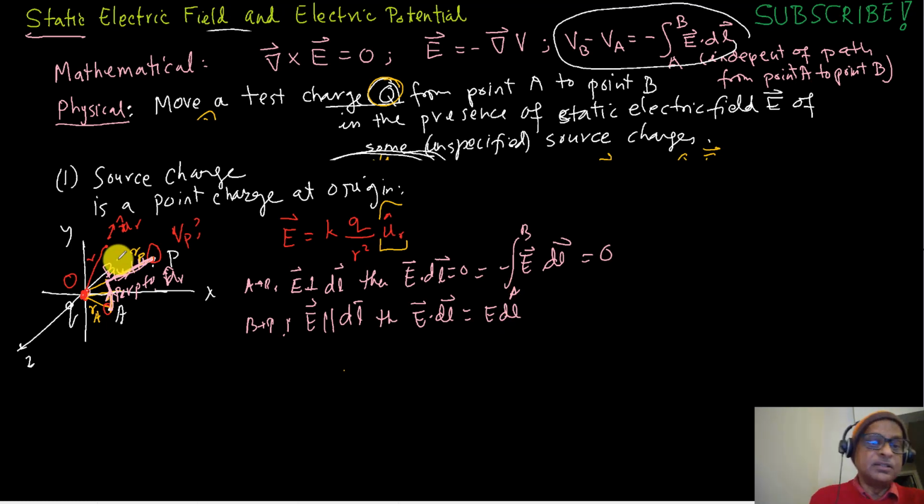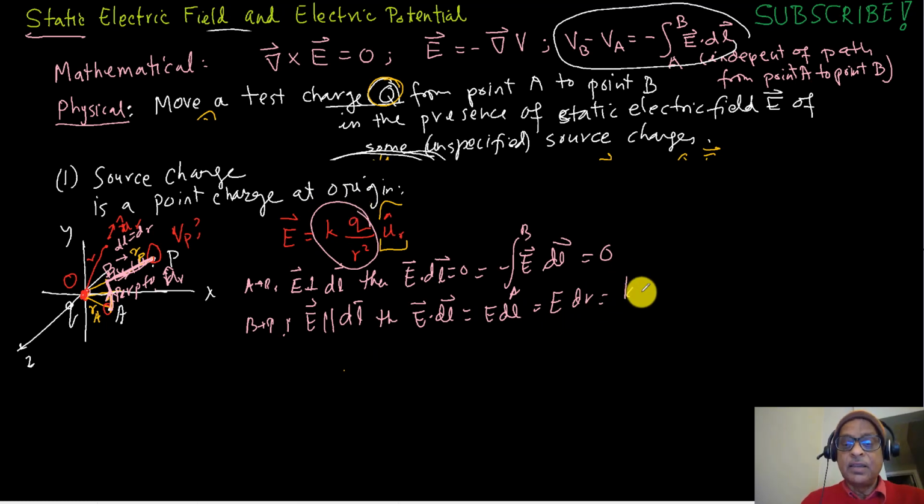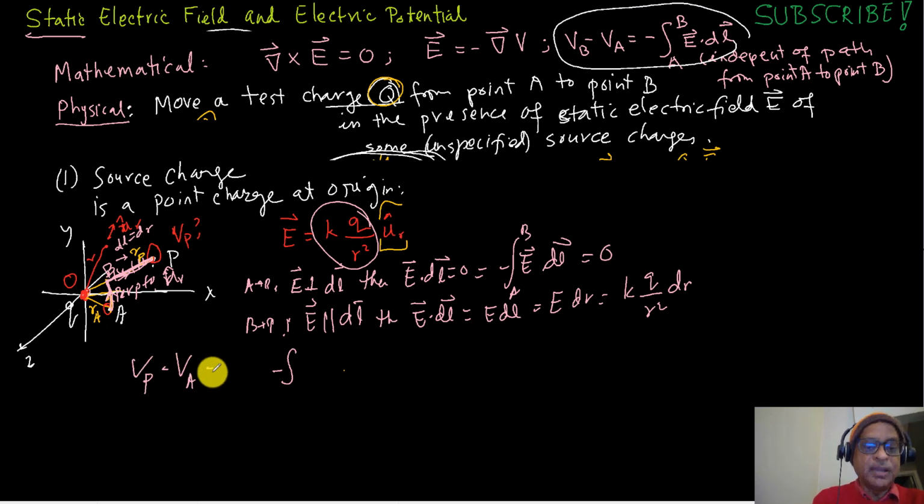So dl is just dr. So this is E times dr, and E at any point is this quantity, which is kq over r squared dr. So when I do the integral, V at P minus V at A equals the integral from A to B plus the integral from B to P of minus E dot dl. And the first is 0, which we already agreed.